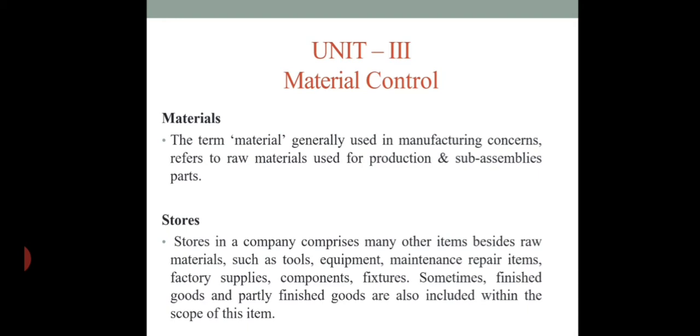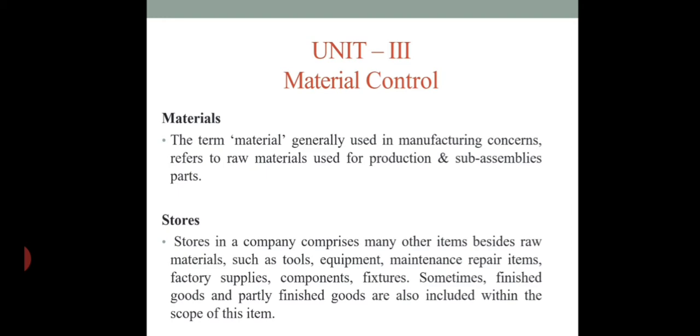So material may be a raw material or any tools or spare parts or any consumable stores, etc. So material includes both direct and indirect materials. Direct and indirect materials purchased for stock purposes, that are to be issued to different jobs, work orders or departments as and when required, are known as stores.